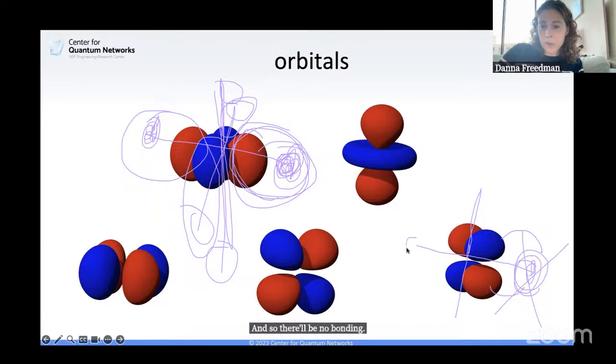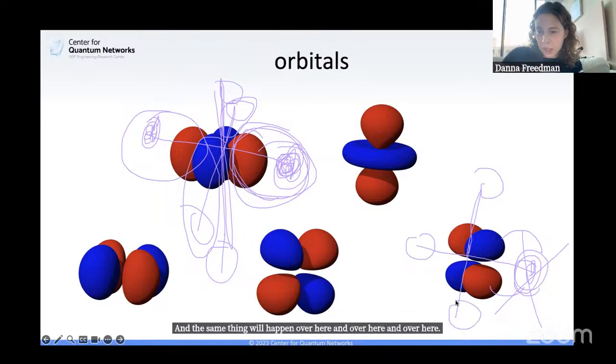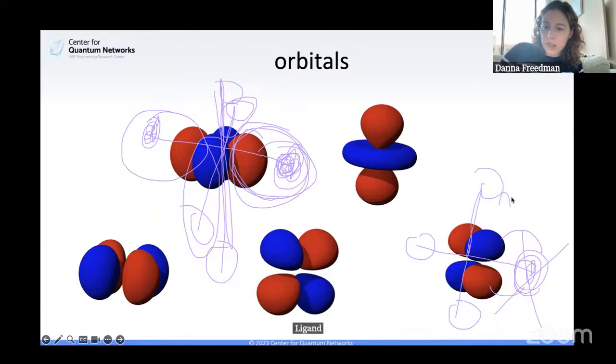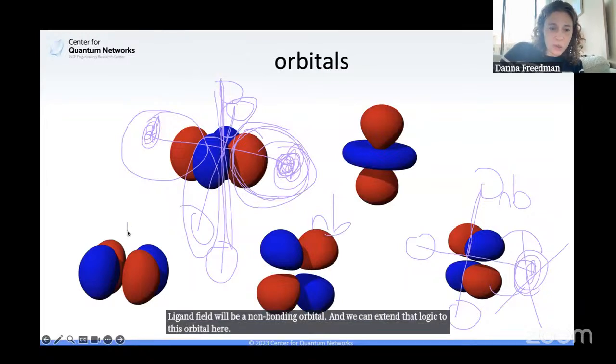And the same thing will happen over here and over here and over here. And so with that collection, we'll have no bonding interactions whatsoever. And so this right here in an octahedral ligand field will be a non-bonding orbital. And we can extend that logic to this orbital here and this orbital here.